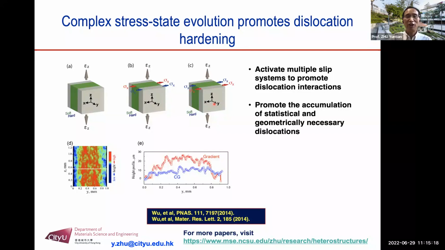And this was just our hypothesis in the beginning. Then later we did a measurement on one of the samples after testing. We measured the side, the height profile, which means near the surface the width of the surface layer is shrinking more.